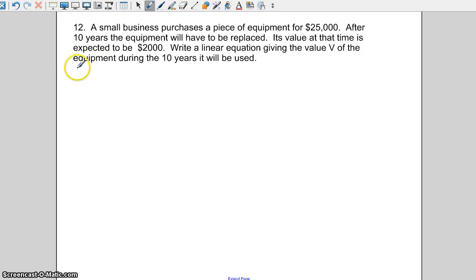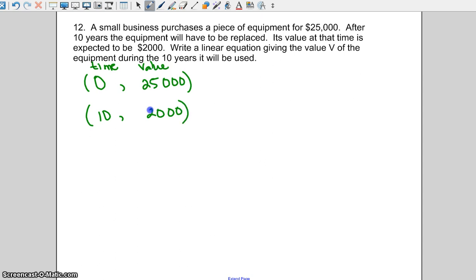The information that you're given here is really two ordered pairs. When you purchase the equipment, the time is 0, and the value of the equipment is $25,000. After 10 years, the time is 10 and the value is 2,000.